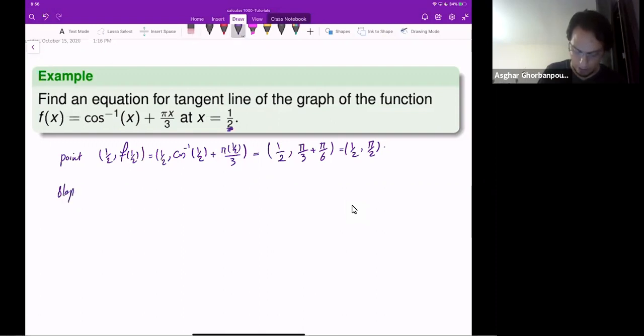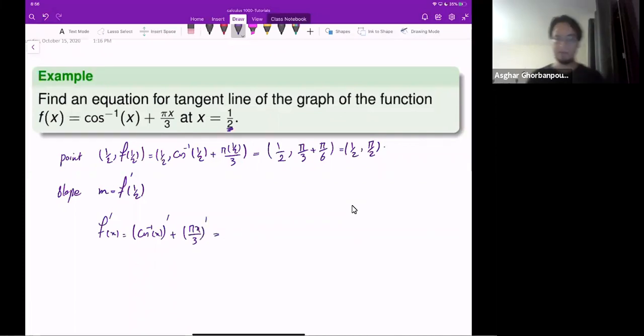The slope of the tangent line is the derivative of the function at that point. It means that I have to find the derivative of the function. Okay, f prime of x is cosine inverse x prime plus pi x over 3 prime. The derivative of cosine inverse x is negative 1 over root 1 minus x squared.